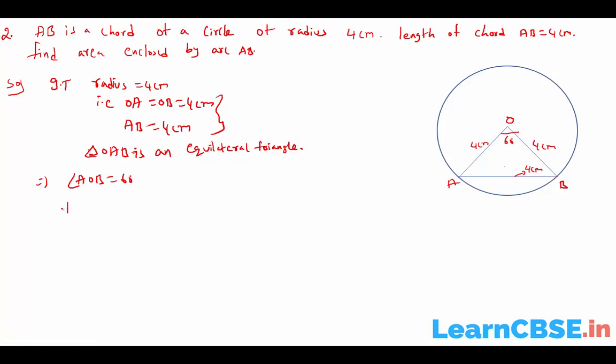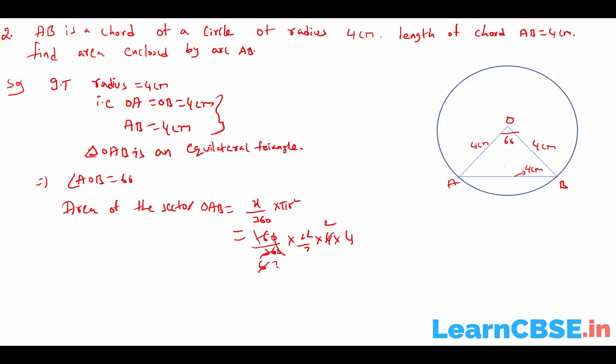Okay, now area of this sector OAB equals x by 360 into pi r square, where x equals 60, so 60 by 360 into 22 by 7 into 4 into 4. 6 ones are 6, 2 twos, 2 threes, 22 into 4 is 88, 4 fours is 176 by 7.